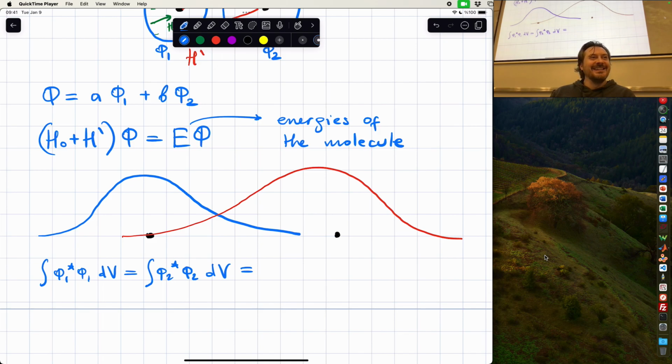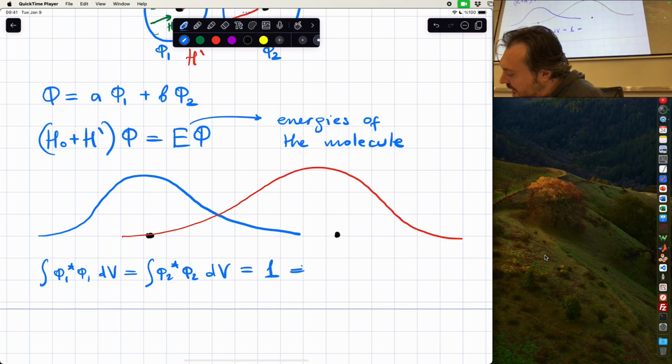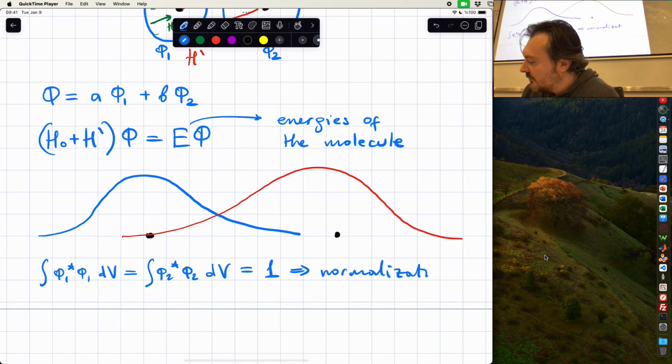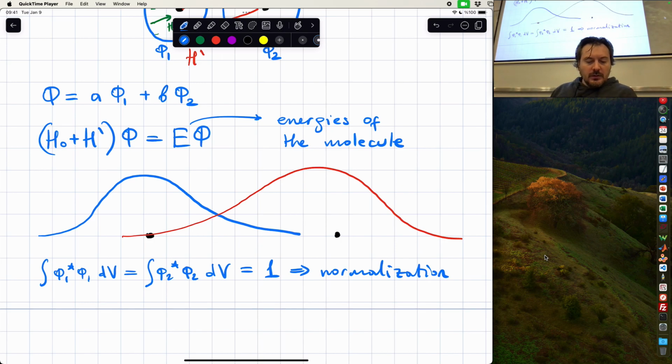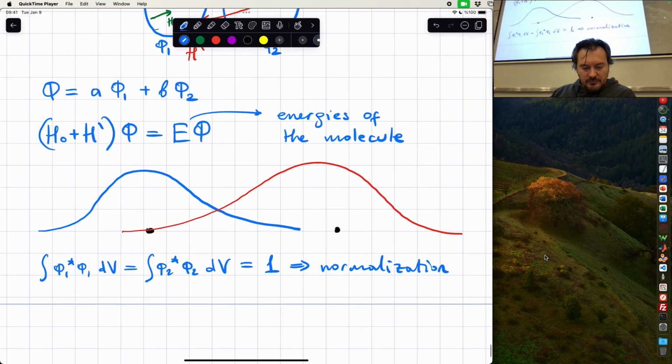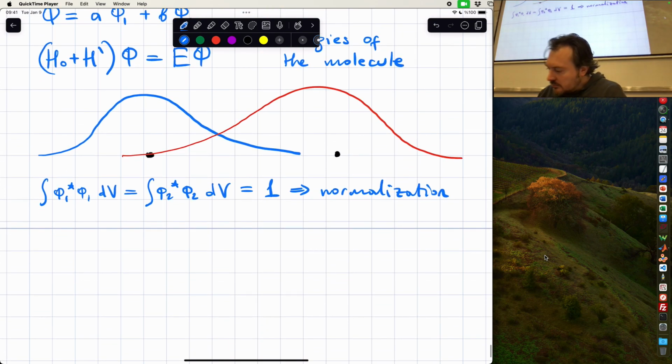It's 1, yes, because of normalization. The reason for this one is normalization. Then there is something that we will just give a value to.